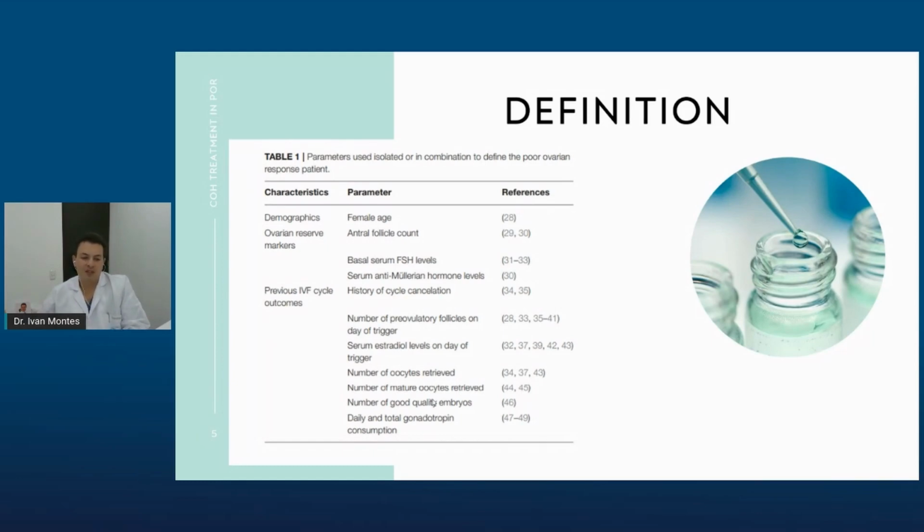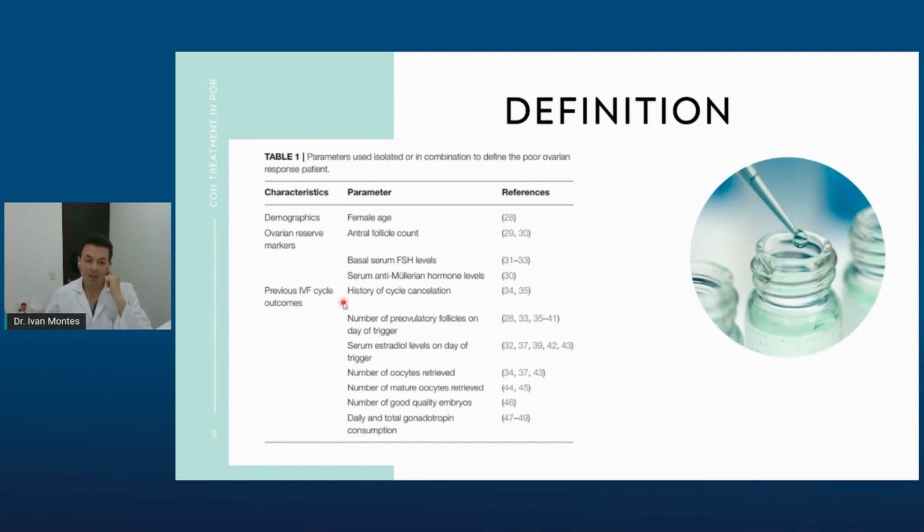Parameters related to patient demographics, female age, ovarian reserve testing like antral follicle count, basal serum FSH levels, or serum anti-Müllerian hormone levels are also used, and the outcomes of previous IVF cycles, like history of cancellation, number of preovulatory follicles on the day of trigger, serum estradiol levels on day of trigger, number of oocytes retrieved, number of mature oocytes retrieved, number of good quality embryos, and daily and total gonadotropin consumption.